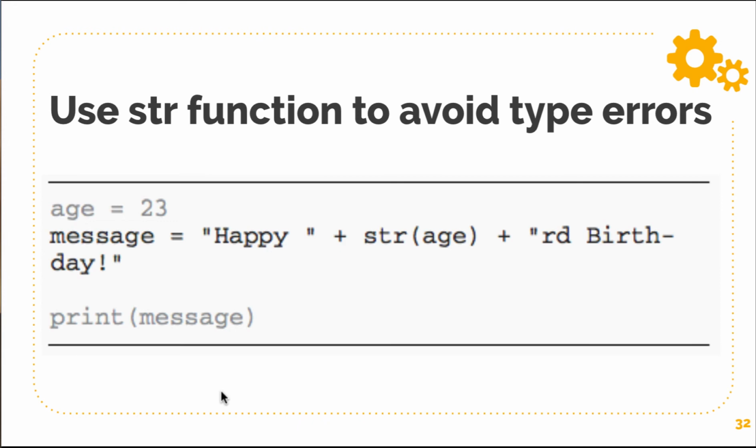I don't know why you do that instead of using quotes, but anyway, you could in those parentheses, and the str function will turn it into a string or make Python treat it like a string and then allow you to print it. So you could go ahead and continue later in the program. You could continue treating age as a number, but you've used the string function to say, hey, treat this like a string.